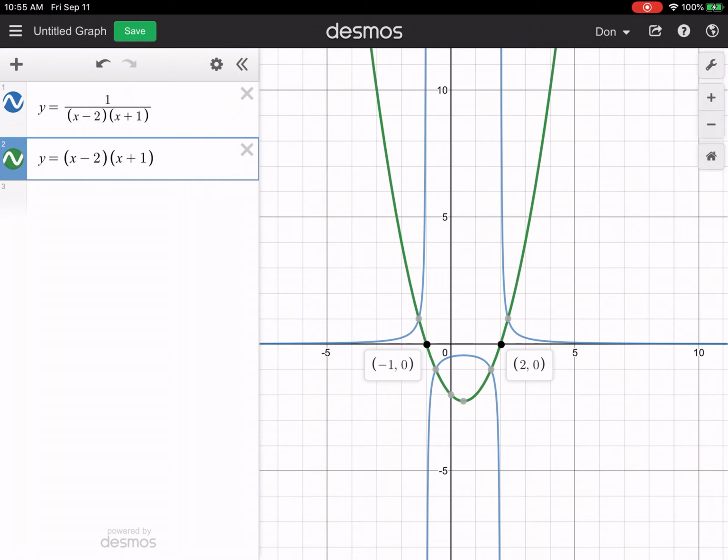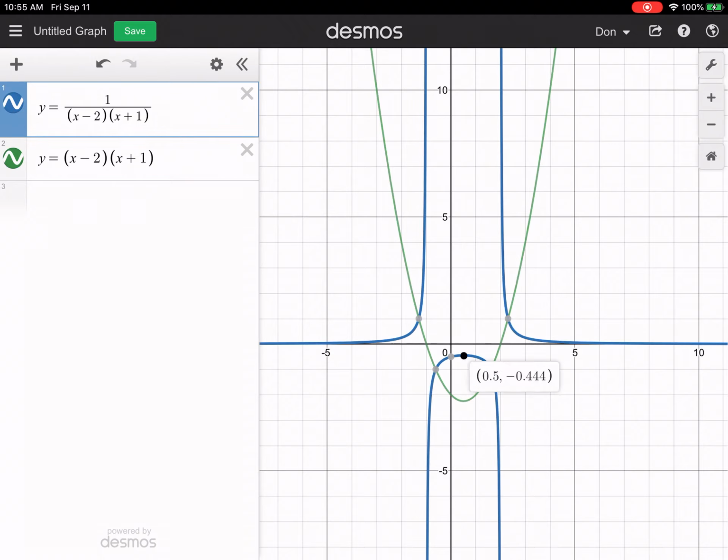If we look at this point by point, let's look at the vertex of this green one here. The vertex is at 0.5 and -2.25. Let's look at the vertex of this chunk here, -0.444.